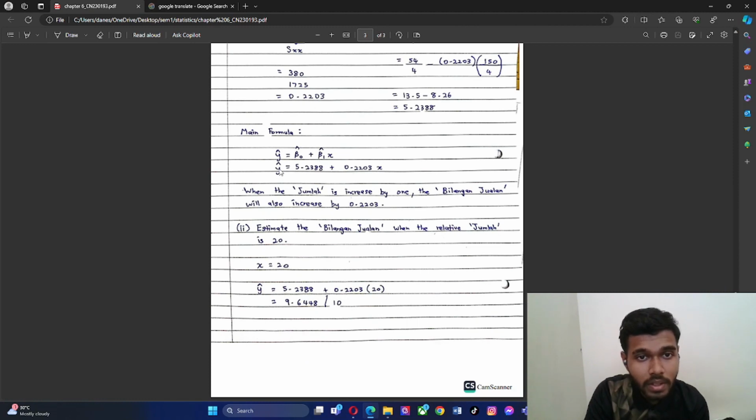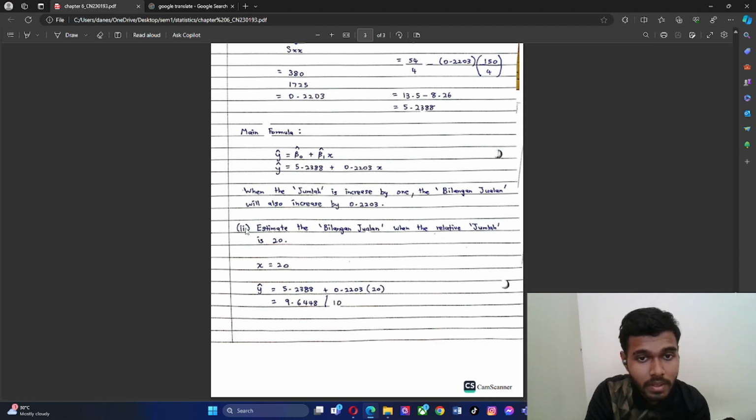As you can see, y equals 5.2388 plus 0.2203 x. This statement shows that if the value of jumlah increases by one, the bilangan jualan also increases by 0.2203.